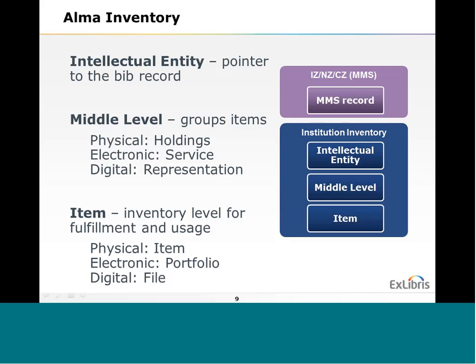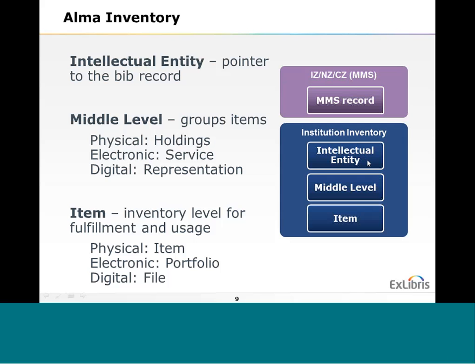And the bibliographic record can reside in the institution zone, using the abbreviation IZ here. It can exist in the network zone, and that would be in the case of consortia. Or that bibliographic record can exist in the community zone, using the abbreviation CZ here. We then have what's called an intellectual entity, and you'll sometimes see the abbreviation IE for this.